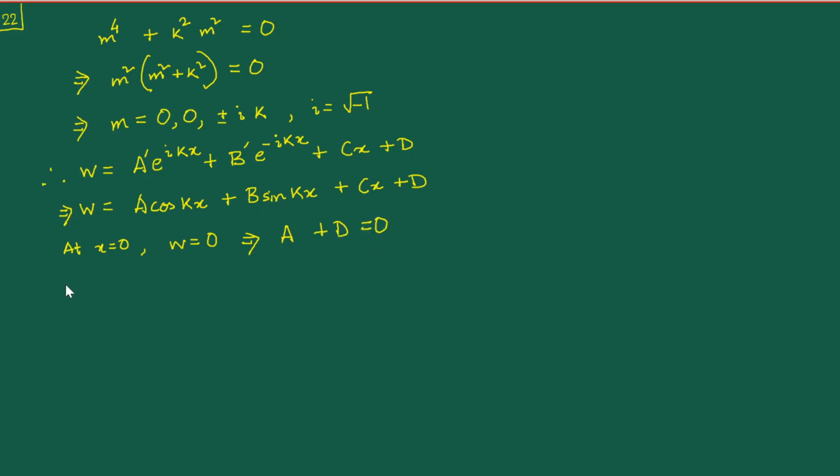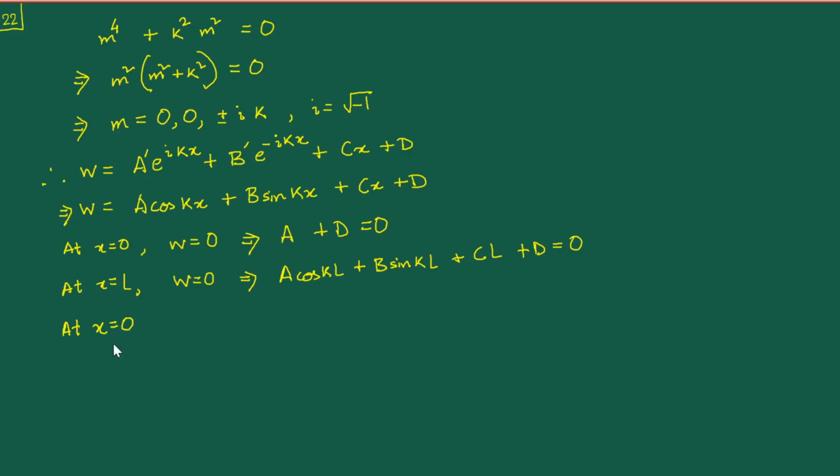All right, next, at x equal to L, w equal to 0. That gives me a cos kL plus b sin kL plus cL plus d equal to 0. Okay, there is not much that I can do here, except, one can argue that this d can be substituted by minus a, but right now that doesn't really do me any good. Okay, so we'll come back to it.